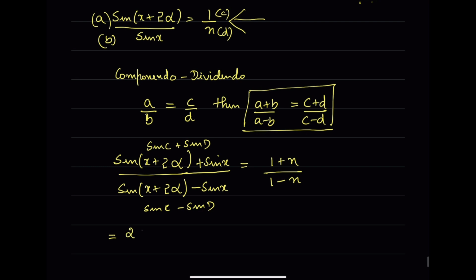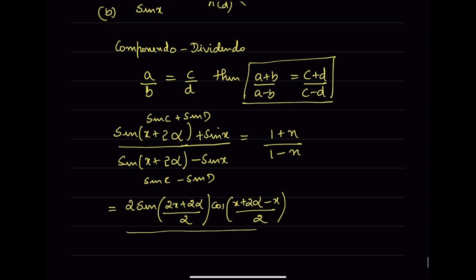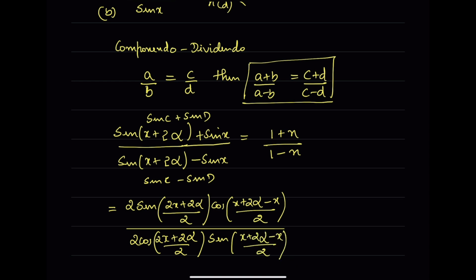So this will be 2 sin of c plus d by 2, which is 2x plus 2 alpha by 2, cos of c minus d by 2, which is x plus 2 alpha minus x by 2, and the denominator would be 2 cos of c plus d by 2, 2x plus 2 alpha by 2, sin of c minus d by 2, so x plus 2 alpha minus x by 2.